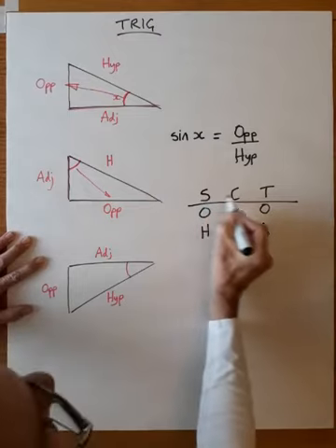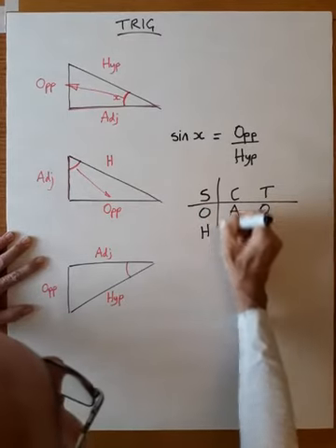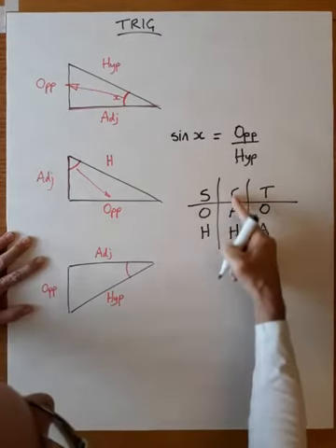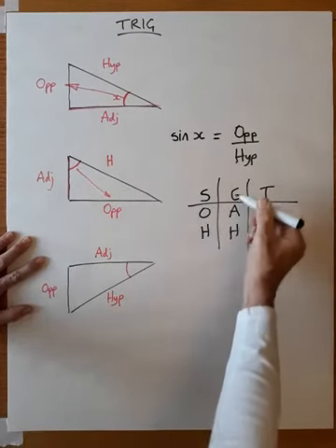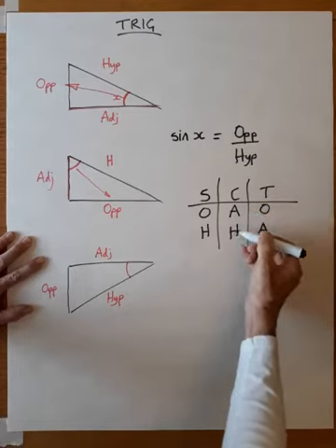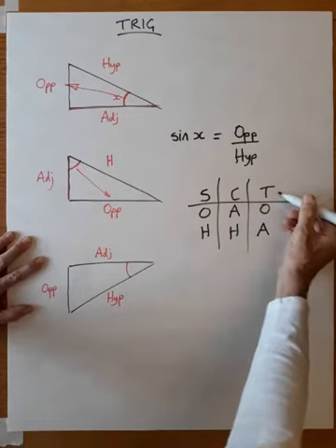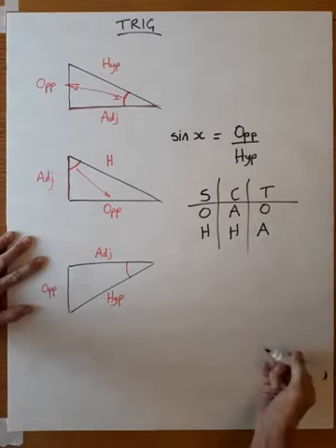What we have is sine, cosine and tan, and then for each one there is a formula. Sine is opposite over hypotenuse, cosine adjacent over hypotenuse, and tangent is opposite over adjacent.